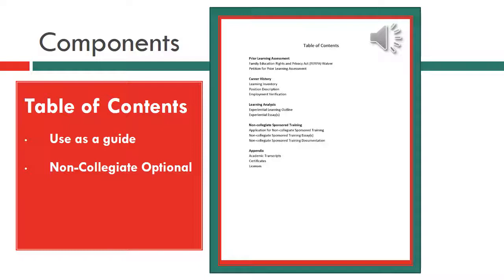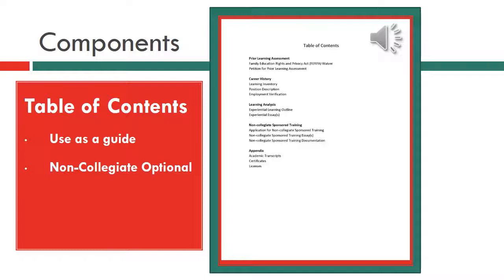The next area that you're going to have is an optional area, and it is the non-collegiate sponsored training. I'm not going to cover non-collegiate sponsored training in this particular workshop that we're doing here. If non-collegiate is something that you are curious about, you can ask your instructor about that, and your instructor will help you decide whether or not non-collegiate is something that you are qualified for and something that you might pursue.